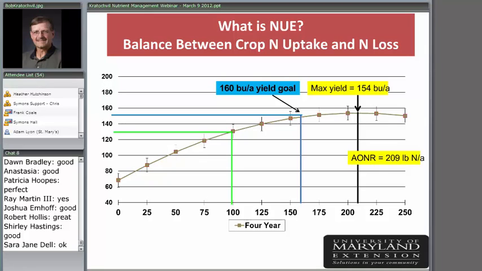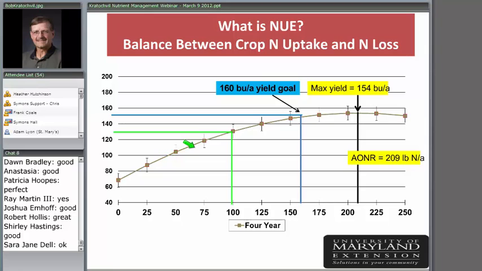What we're looking at is a site that has a yield goal of 160 bushel per acre. And the blue line there describes the nitrogen rate that we supplied for that yield at 1 pound per bushel of yield goal. Let's first look at the efficiency of nitrogen at low nitrogen rates, over on this side, from about 0 to 100 pounds.